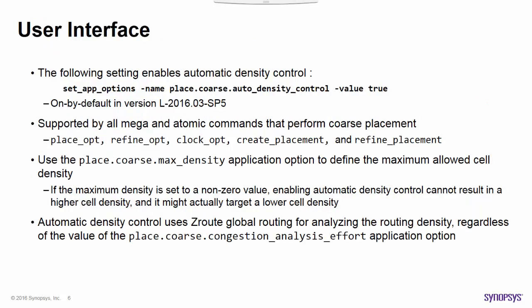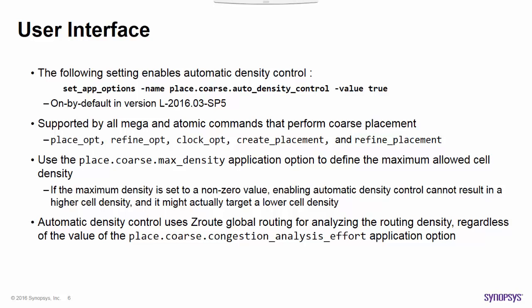User interface. Here is a new app option to control the auto density control feature. The default setting is on, set to true. This app option is supported by all the commands which invoke coarse placement, such as place_opt, refine_opt, clock_opt, create_placement, and refine_placement.